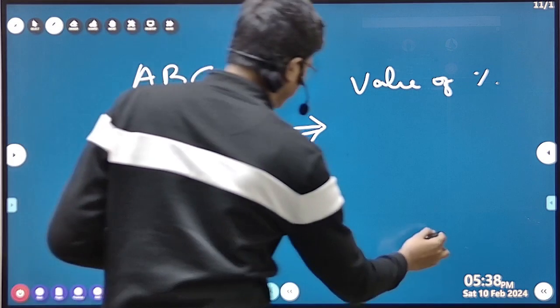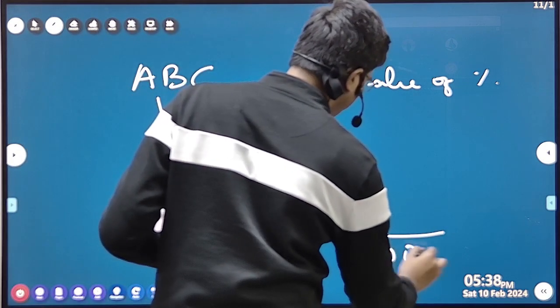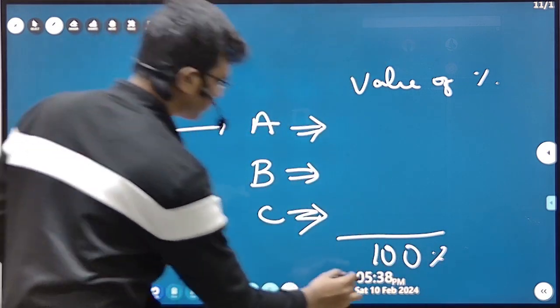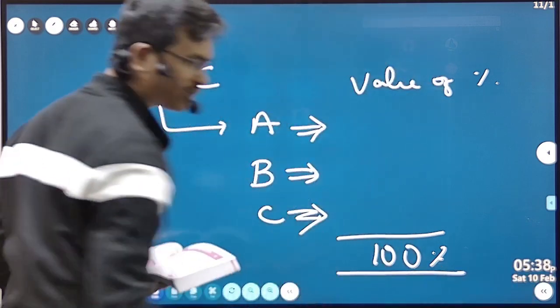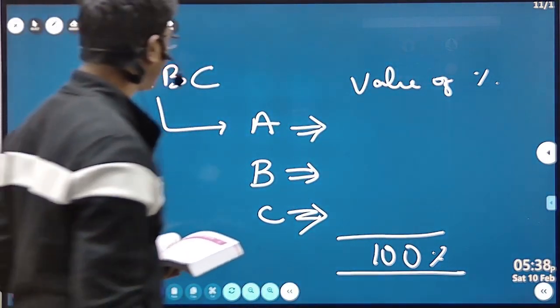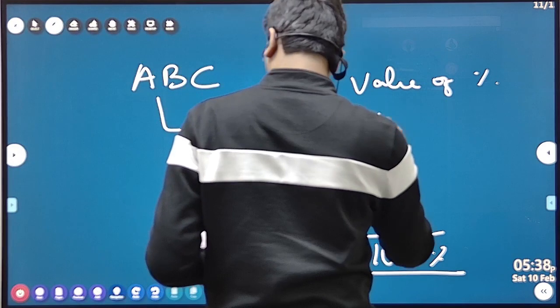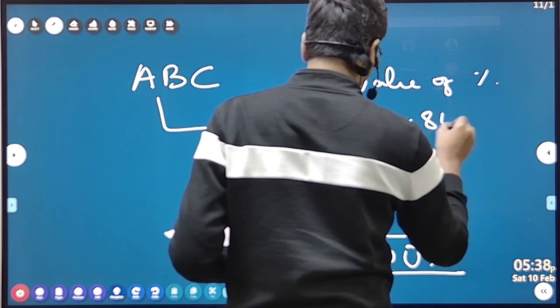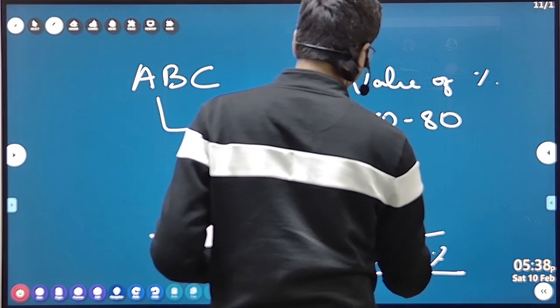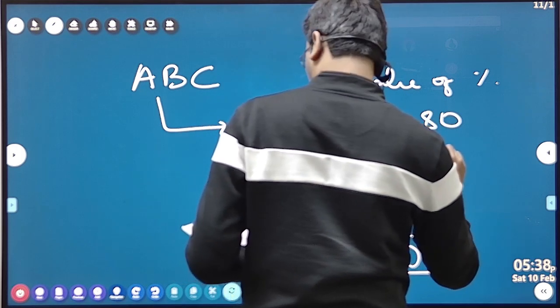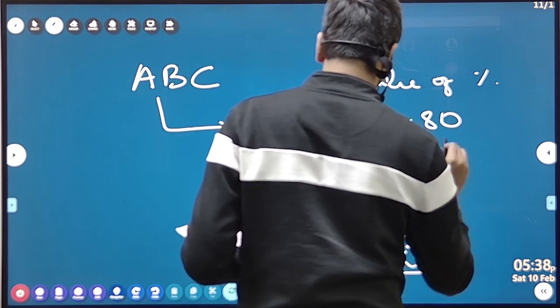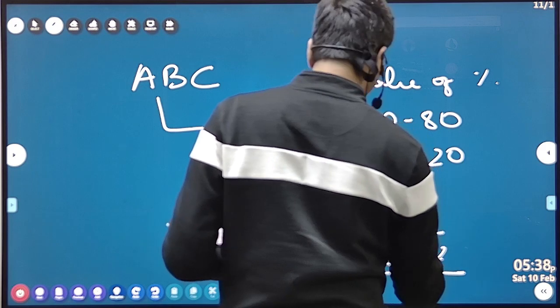Okay, so your total inventory will be 100%, right? Total inventory will be 100%, and A will take from 70 to 80%. This will be from 15 to 20%, and this will take 5%.